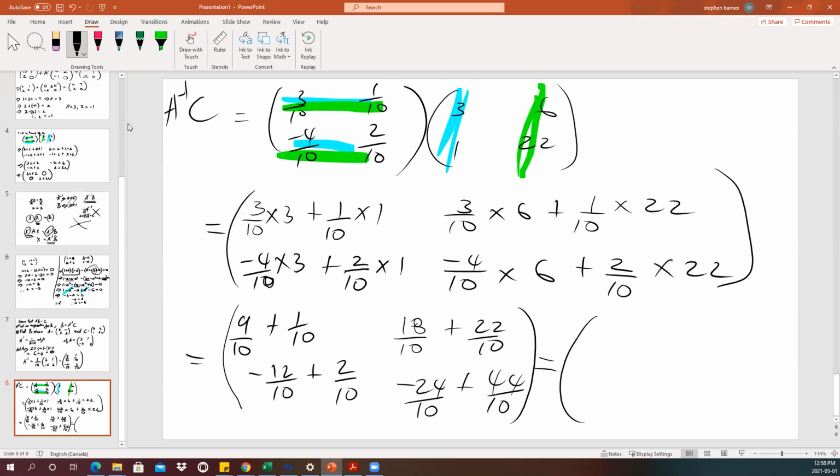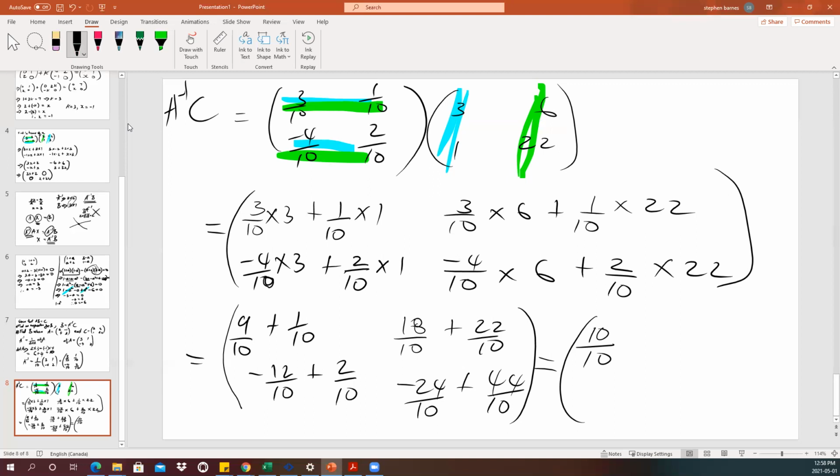Now I can simplify a little more. So 9 over 10 plus 1 over 10, that's 10 over 10, which is 1, right? I'll leave that simplification for one more step.